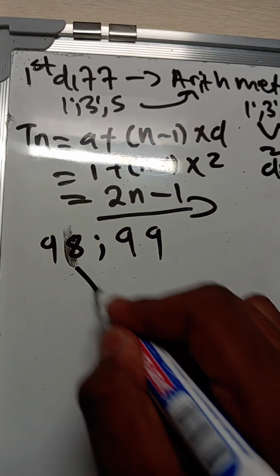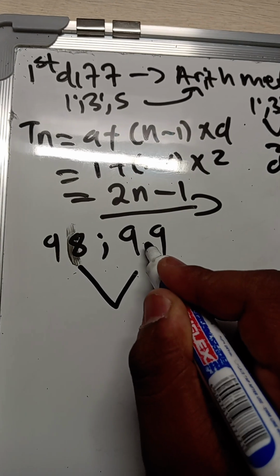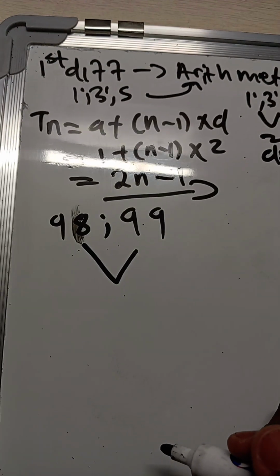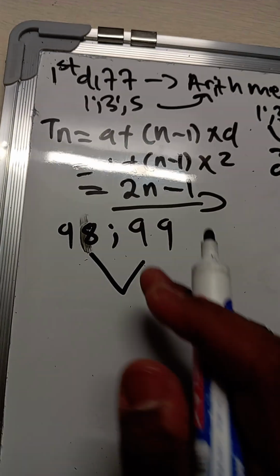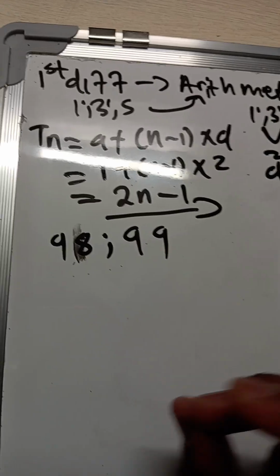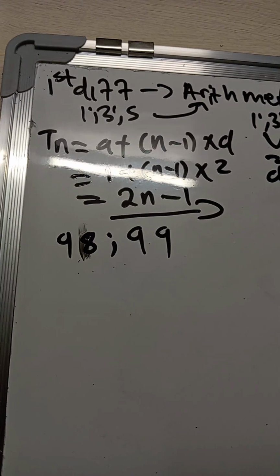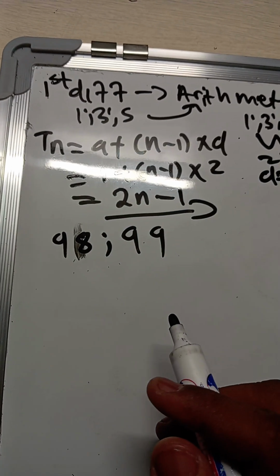What's happening there is that you have T99 minus T98. So basically I am going to calculate the 98th term of the arithmetic sequence.